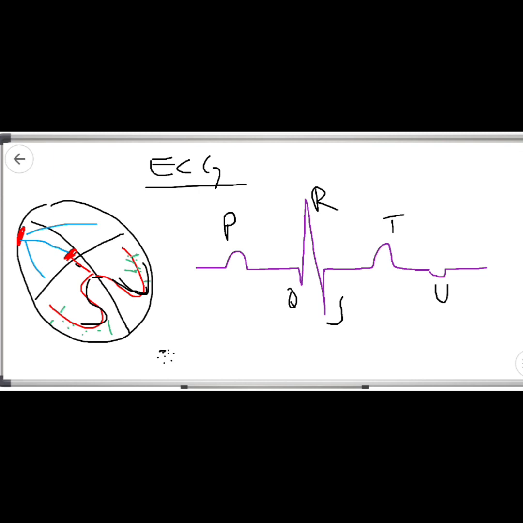Now, from the start of the P wave to the start of the QRS, that is called the PR interval. Let me write it over here.